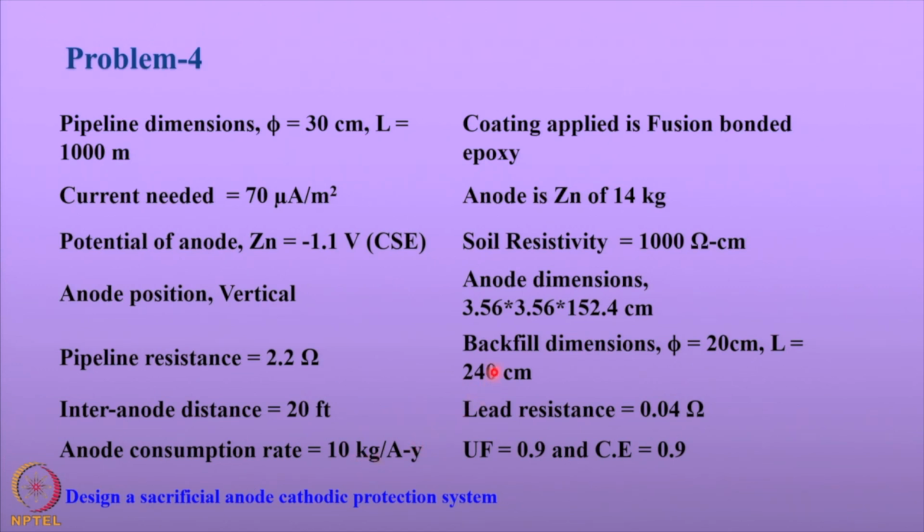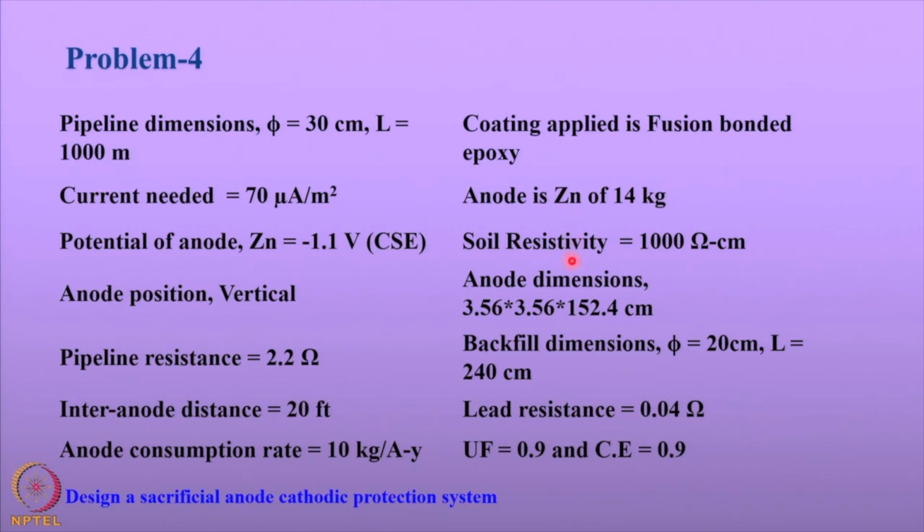We also like to know whether the pipeline is coated, and if so, what it is. It is coated with fusion bonded epoxy. And we are talking about calculation of the number of anodes required. So, for each of the anodes, the weight is 14 kilograms.